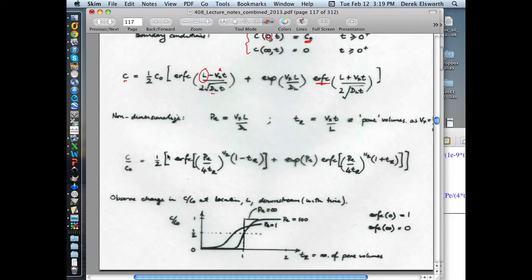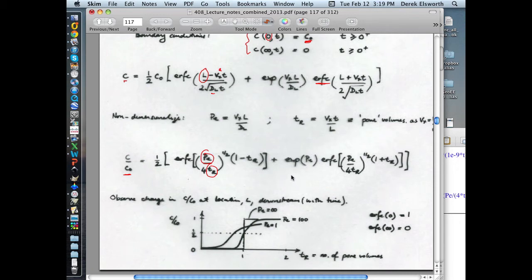If you non-dimensionalize it using this Peclet number and Courant number, you get a dimensionless concentration, and it's a function of Peclet number and pore volumes or Courant number, and that's it.